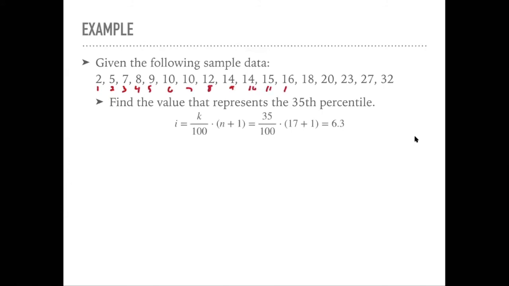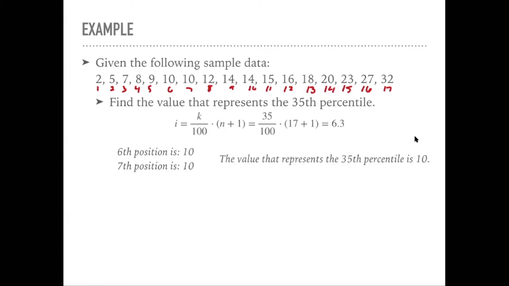I'm going to label all of them. That's going to help us for the second part anyway. The 6th position is 10, and the 7th position is 10. Then we average the values: 10 plus 10 divided by 2 gives us 10. So the value that represents the 35th percentile is 10.